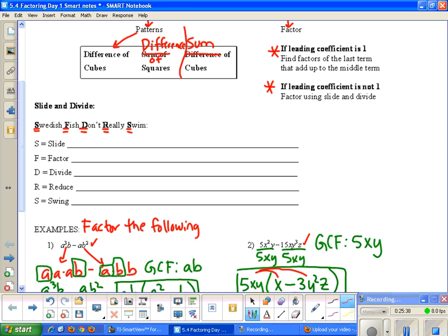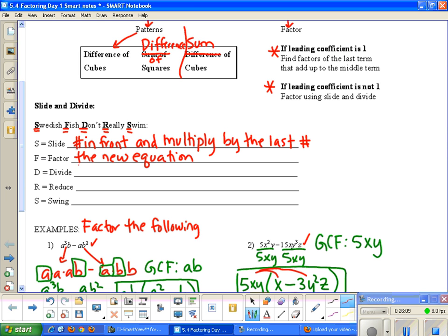So slide the number in front and multiply by the last number. That's slide. F stands for factor, so you're going to factor the new equation.